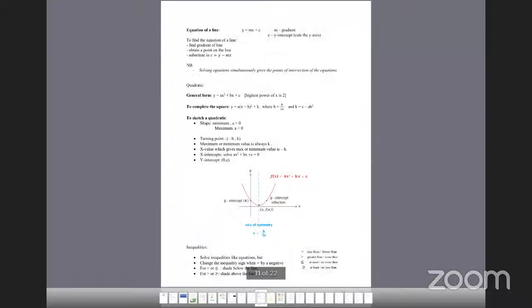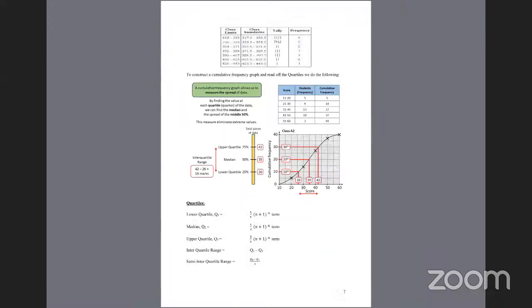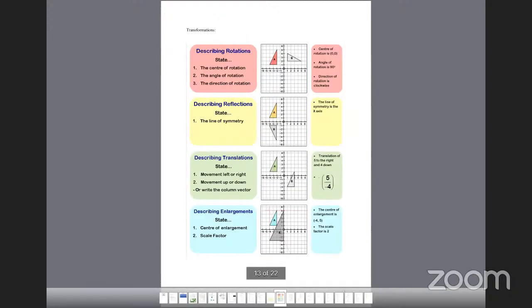See if you remember them. The 4 main transformations are what? Rotation, reflection, translation, and enlargement. Enlargement will make the image bigger or smaller. Translation is a what? A slide.